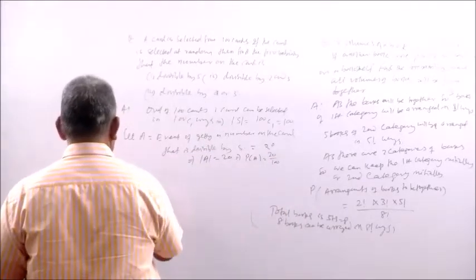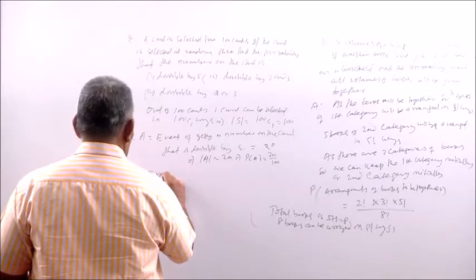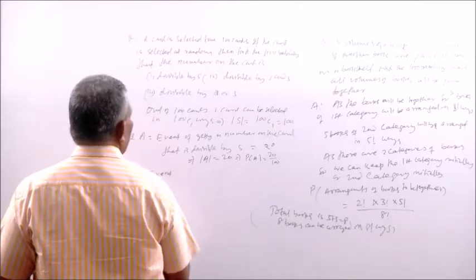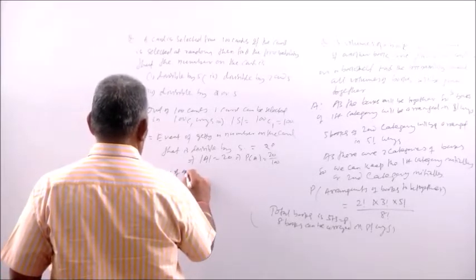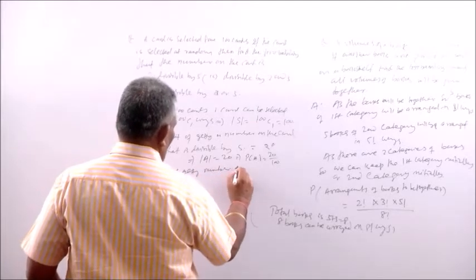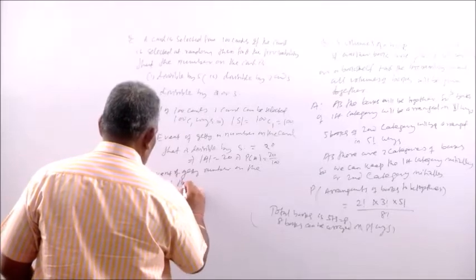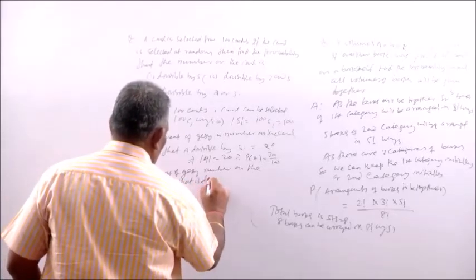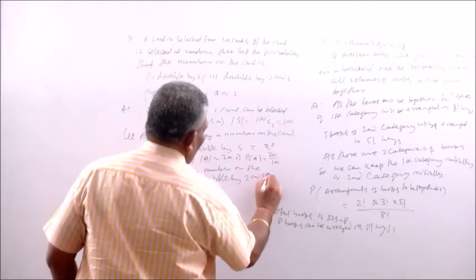Let B be the event of getting a number on the card that is divisible by 2 and 5.